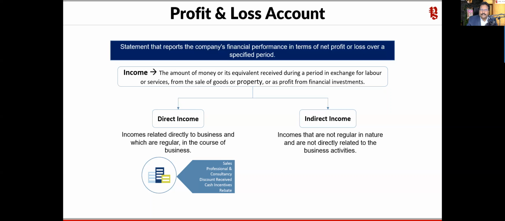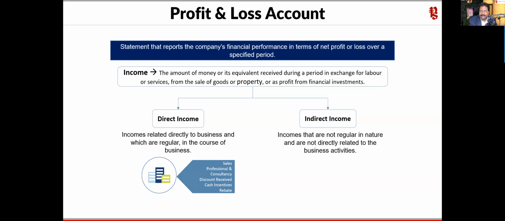That's a different business, right? In the context of the business's core activity, you have to apply this criteria and then segregate your income into two types. So these are incomes which are generally not regular in nature, and do not constitute my main activity or core activity of my business.